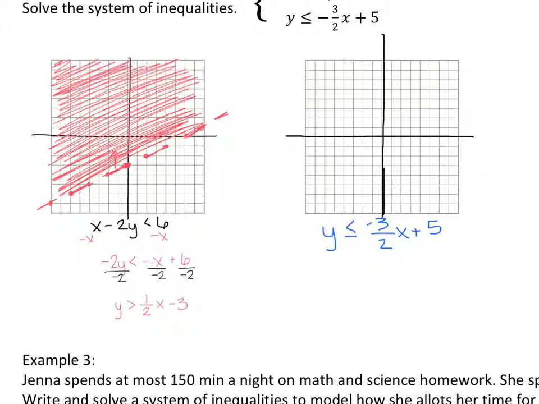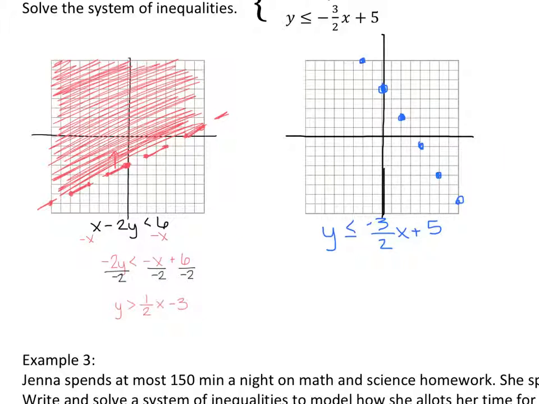Negative 5. At negative 5, and where do we go from there? Down 3, right 2. Or up 3, left 2.